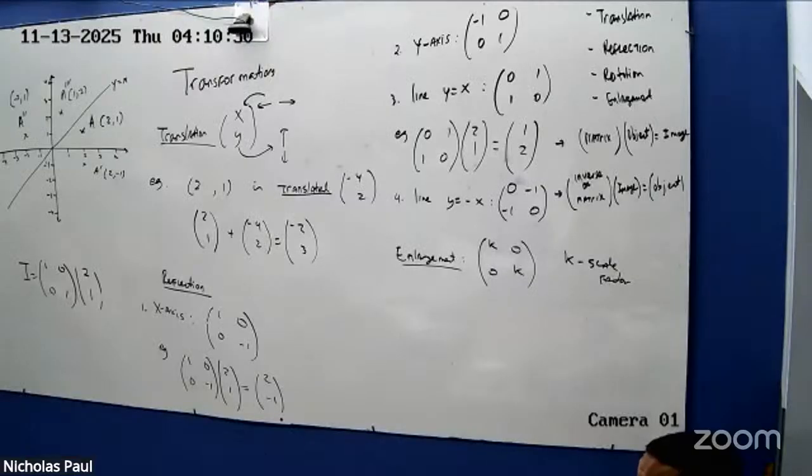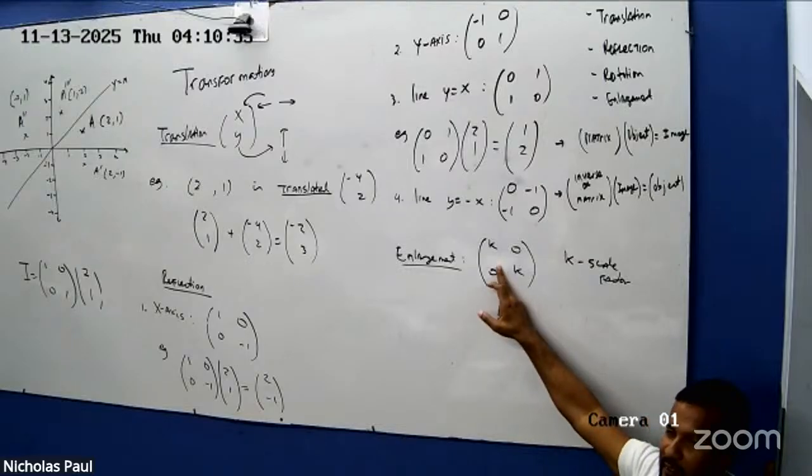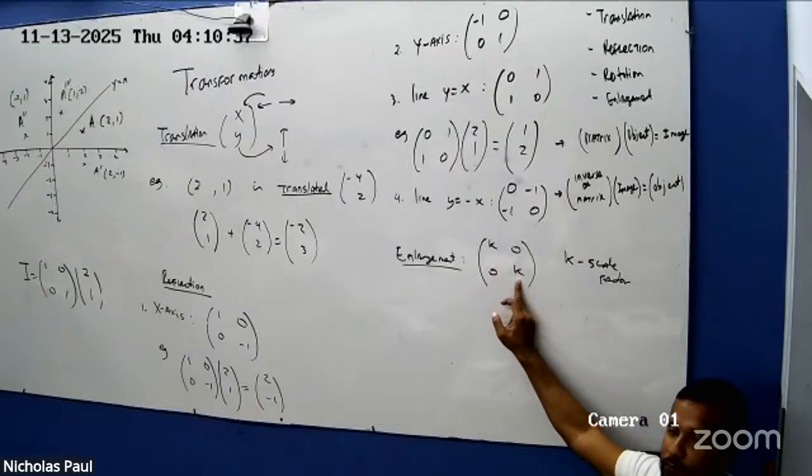Copy down enlargement. If the scale factor is 4, it becomes 4, 0, 0, 4.